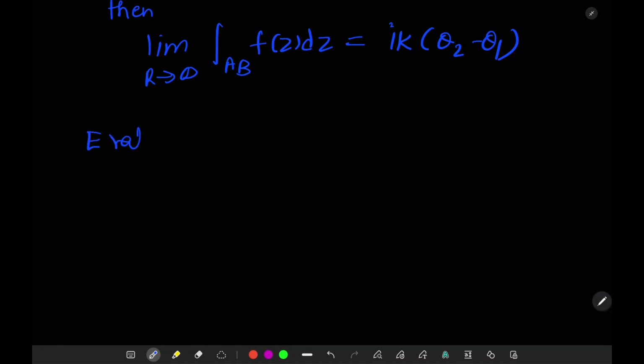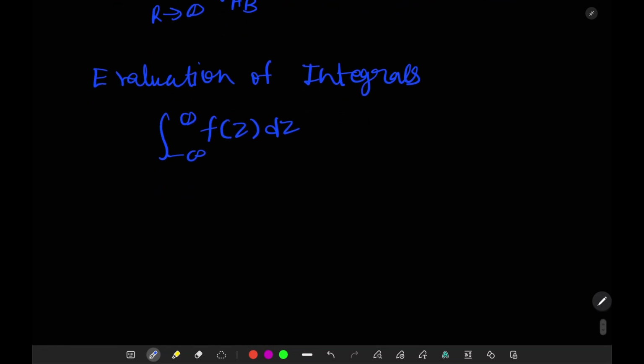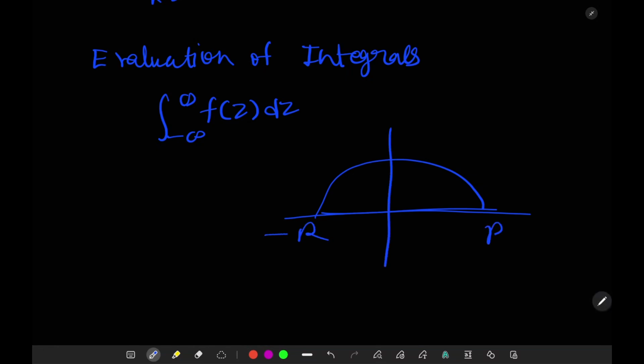Now evaluation of integral of type minus infinity to plus infinity f z dz, where f z has no pole on the real line. Now consider a closed contour in the upper half plane and the real axis from minus r to r.